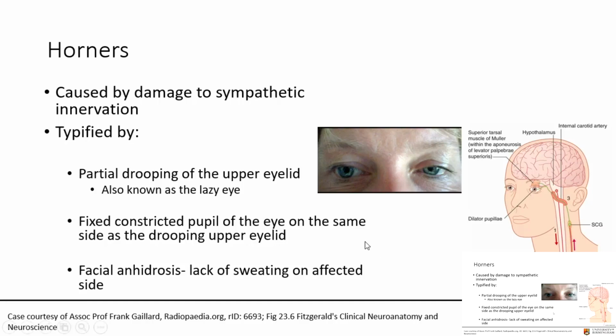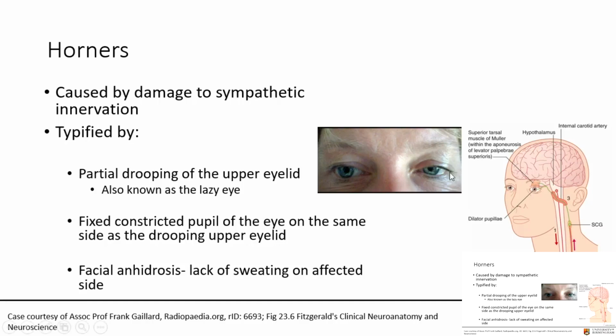What do you guys think? Which one has ptosis of the upper eyelid? Come on, you have a 50% chance to be right or wrong. The left, yeah, thank you.